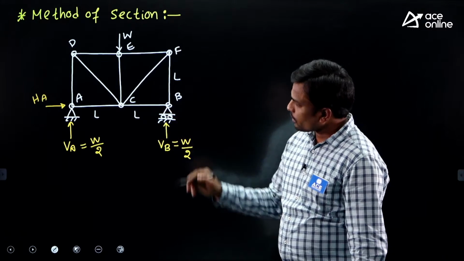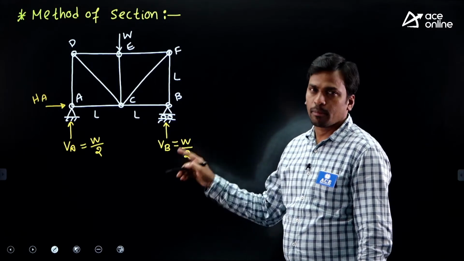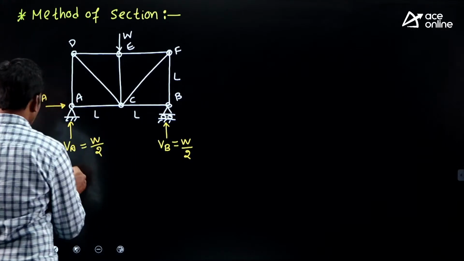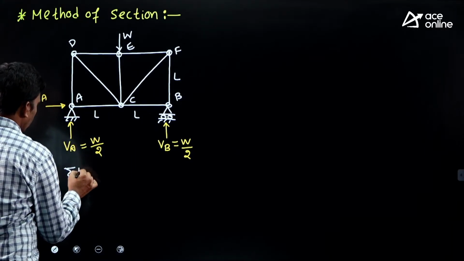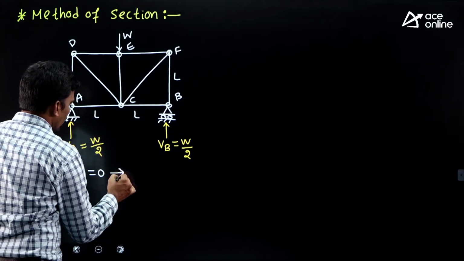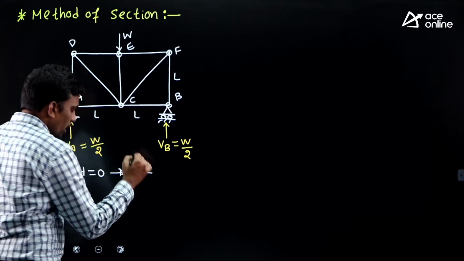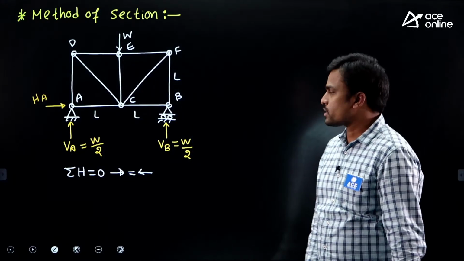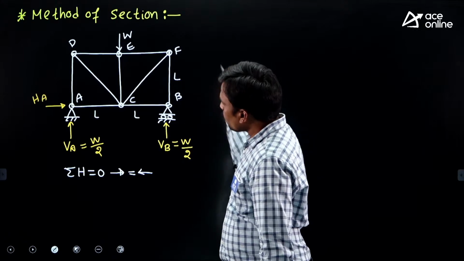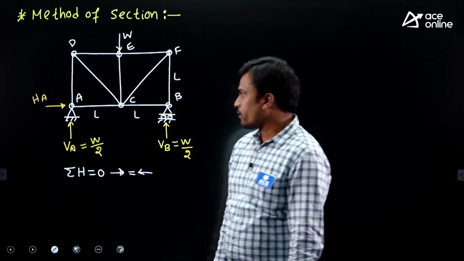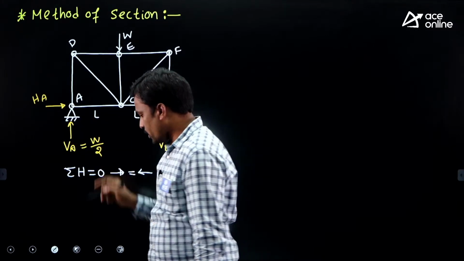Next, we have to find the horizontal reaction at support A. To find it, use sigma H equals 0, that is, right forces equal left forces. In this diagram, only one right force is there, that is HA.